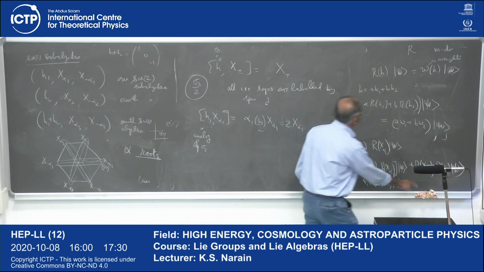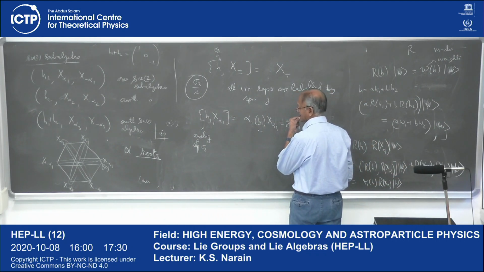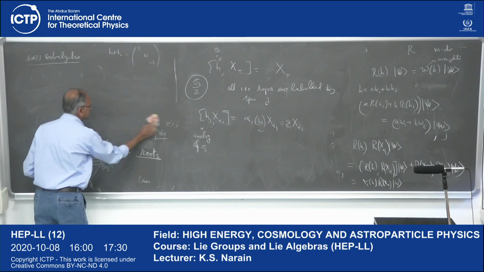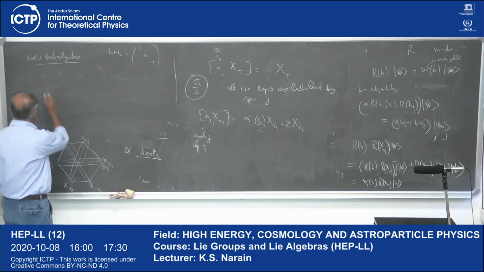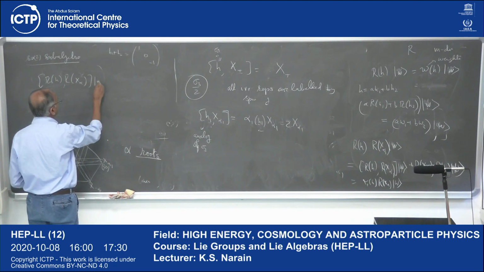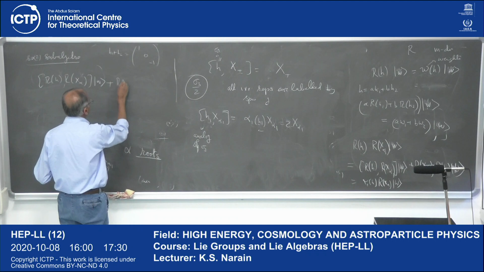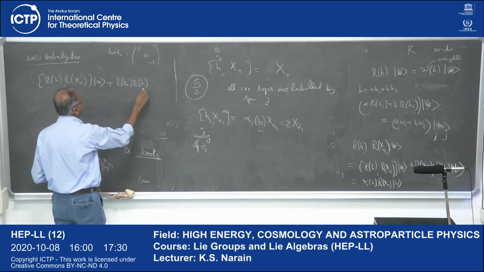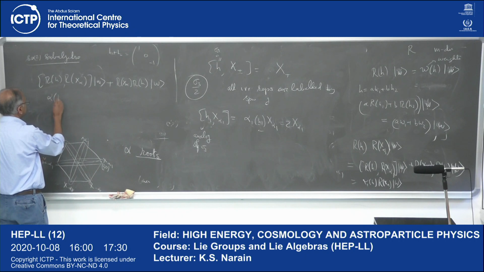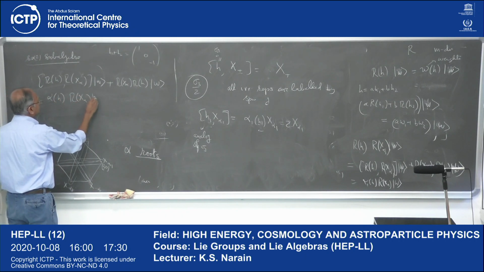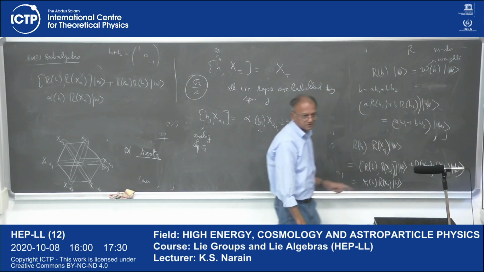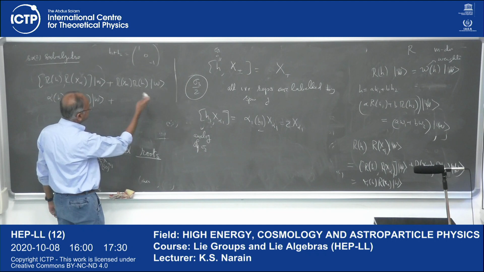So we wrote it as a commutator, RH, R x alpha acting on W, plus the extra term, which is R x alpha, RH acting on W. Now this term just gives you the root, alpha of H, R x alpha, W. And RH acting on W, we said, is W of H times W, and W of H is a number, so I can take it out.